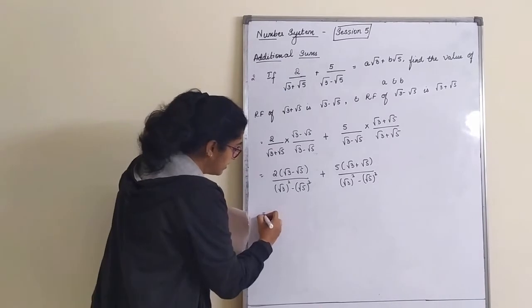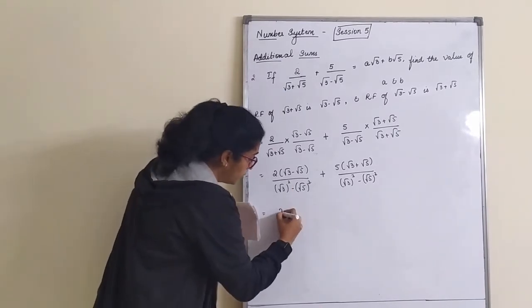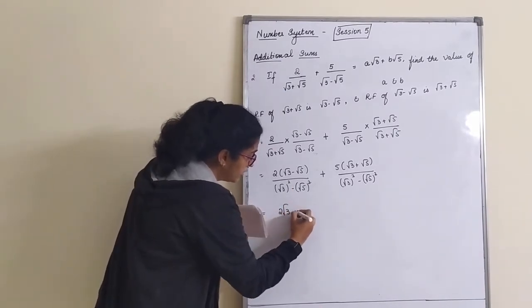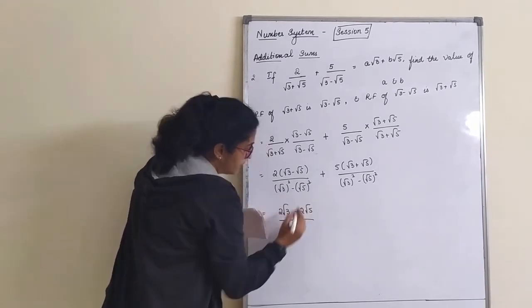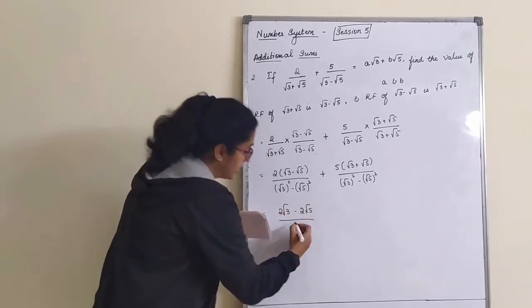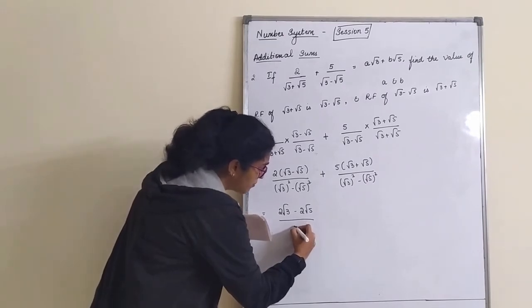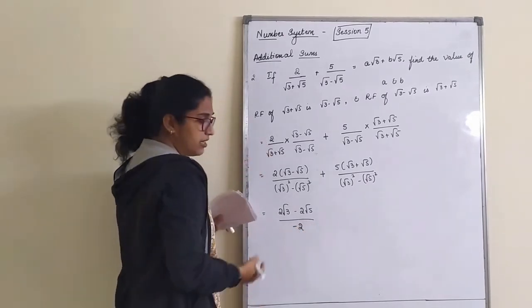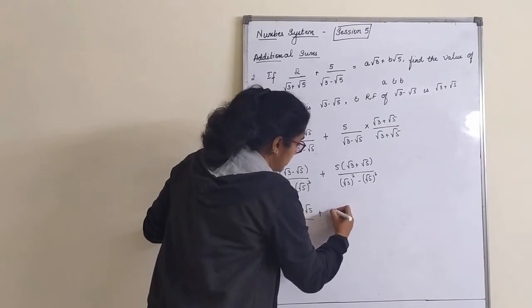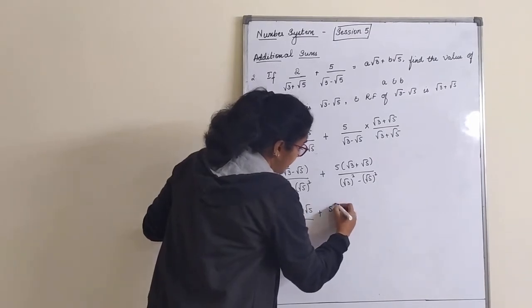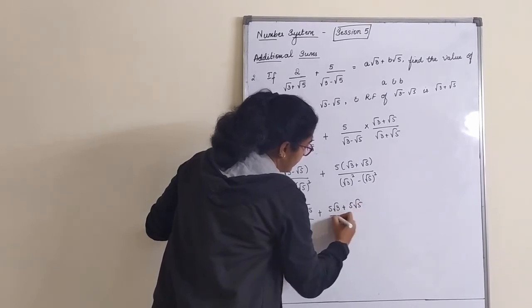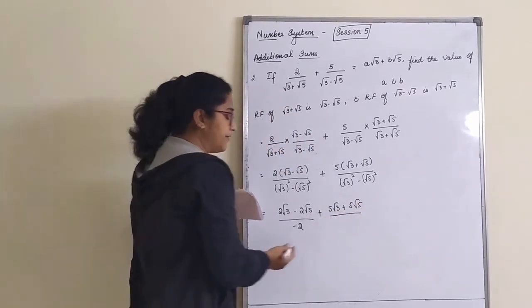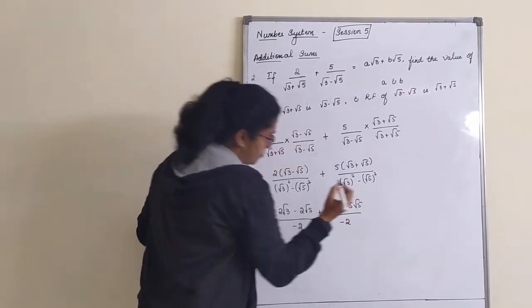Let's multiply this. Coefficient only we can do. So it is 2 root 3 minus 2 root 5 divided by 3 minus 5. 3 minus 5, shall I write minus 2 directly? Okay. Plus, next is 5 root 3 plus 5 root 5 divided by 3 minus 5, which is minus 2.